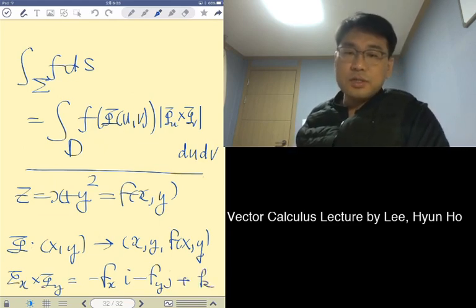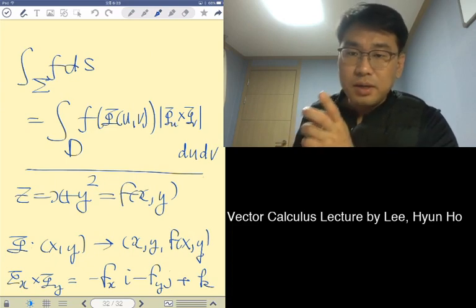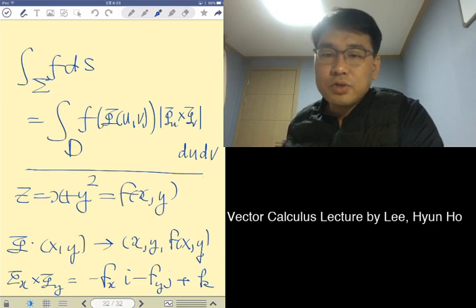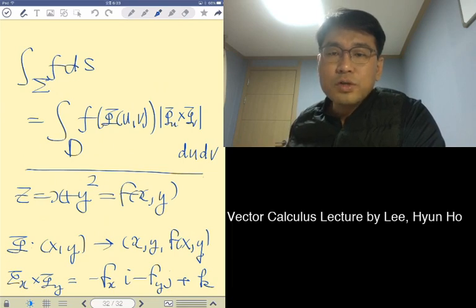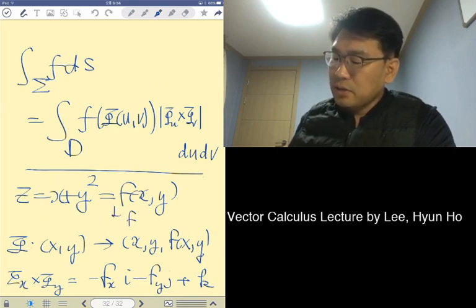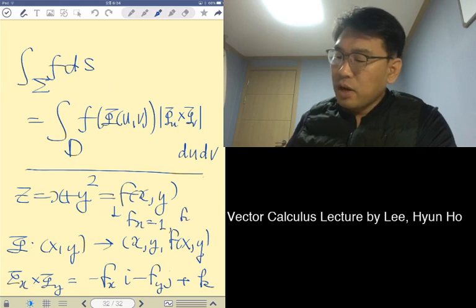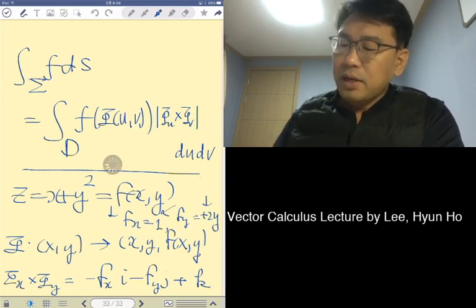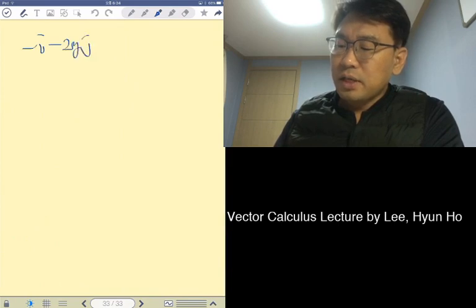This was our computation before; I emphasized that this canonical formula is worth memorizing. Here f sub x is 1 and f sub y is 2y, so the normal vector is minus i minus 2y j plus k.